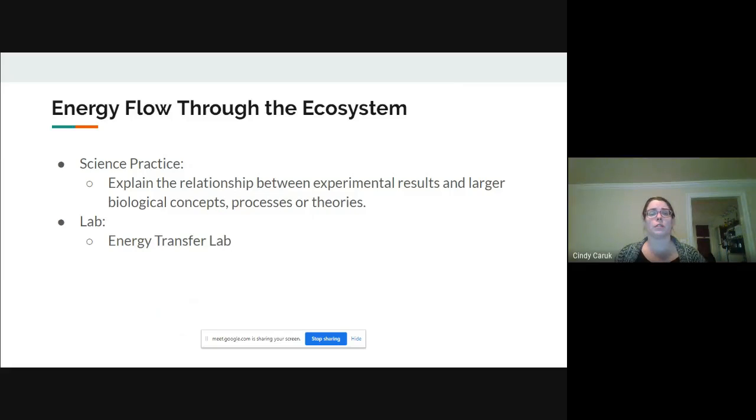You could also see something like the energy transfer lab we did. Another one would be the dissolved oxygen lab with the primary productivity versus net productivity. Those would be good examples of how the science practice could be brought in with content knowledge.